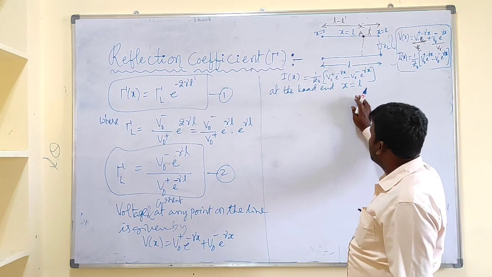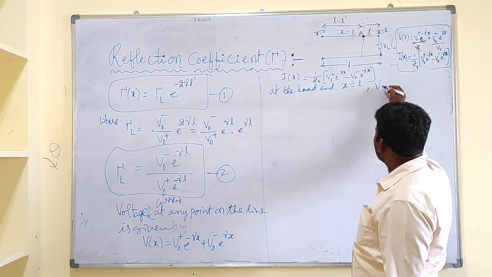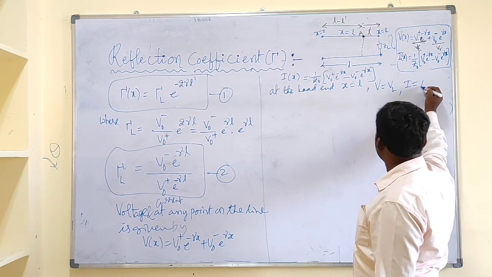At the load end, x equal to L, V equals VL and I equals IL.